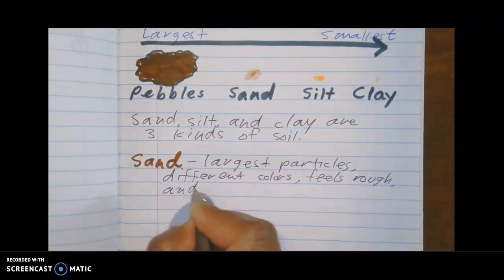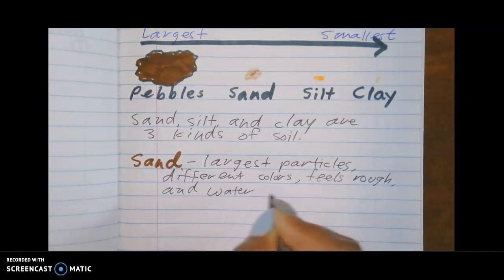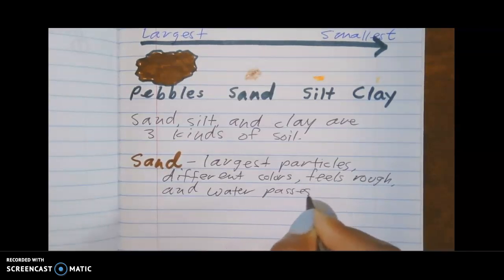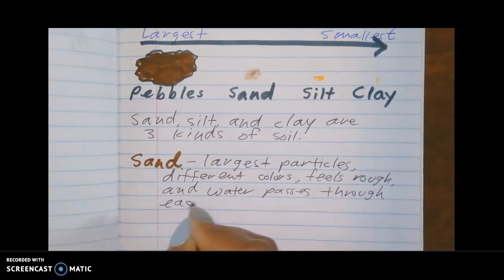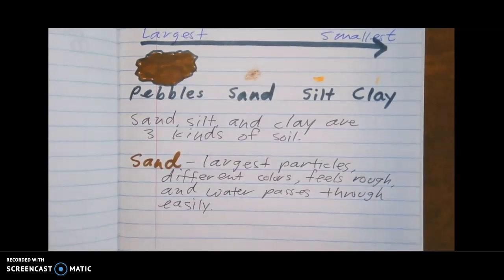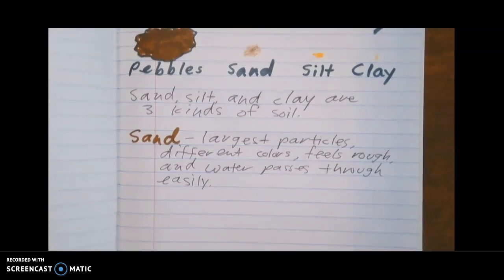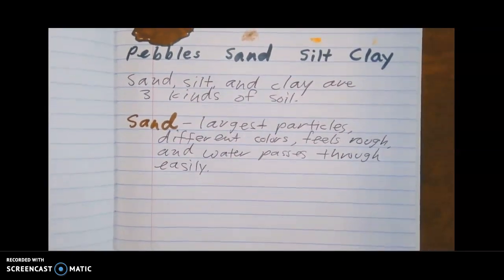And water passes through easily. Largest particles, sand, sometimes different colors. It feels rough when you pick it up, and water passes through it easily. So if you think about if you've ever been to the beach, and if you're trying to build a sand castle, sometimes if there's too much water in that sand, you can't get the castle to stand because water passes through it very easily.